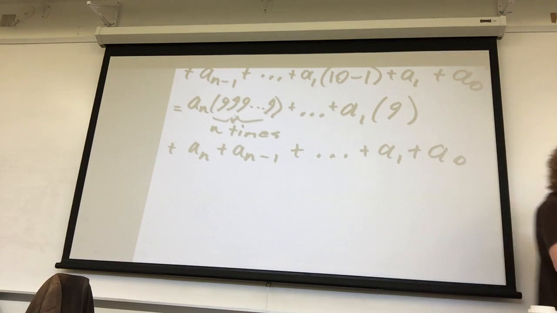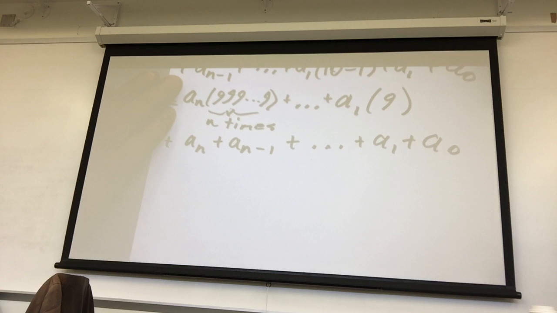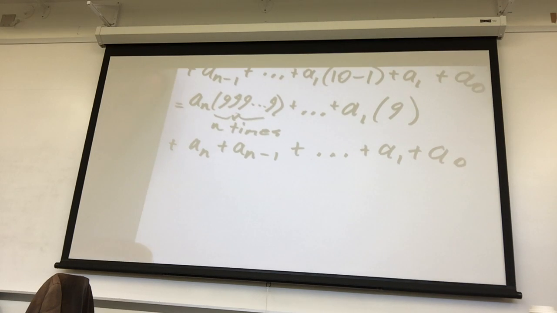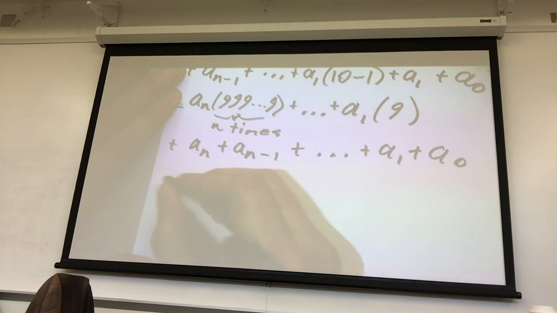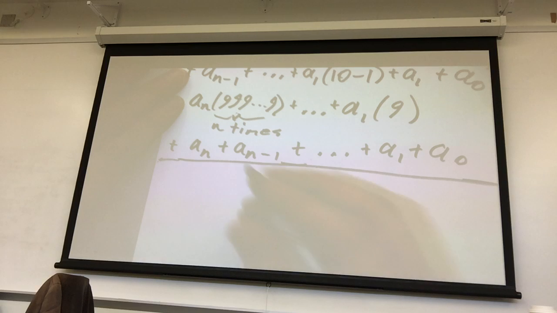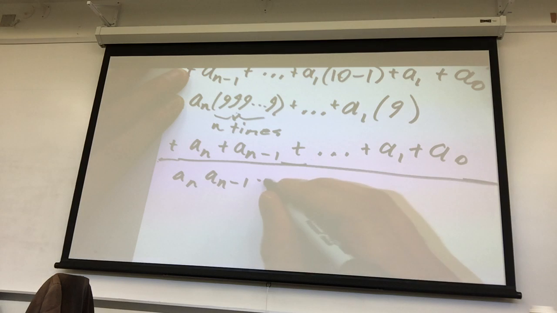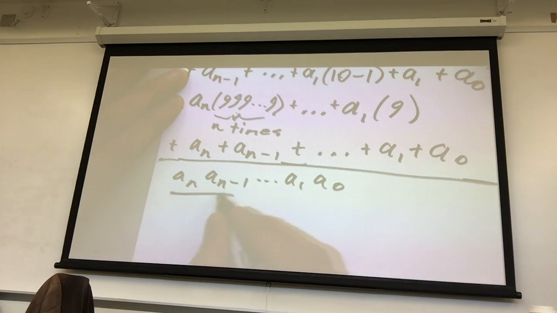So, we write this like this. Let's isolate this, because it's not a continuation of that statement. We could say, now, a sub n minus 1, dot dot dot, a1, a naught, divided by 3, okay?